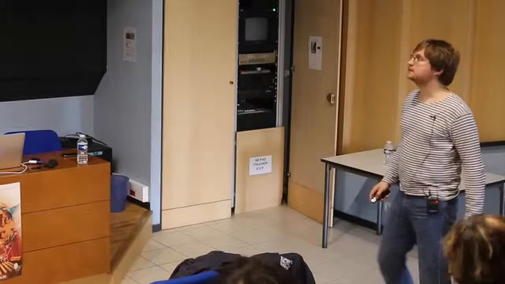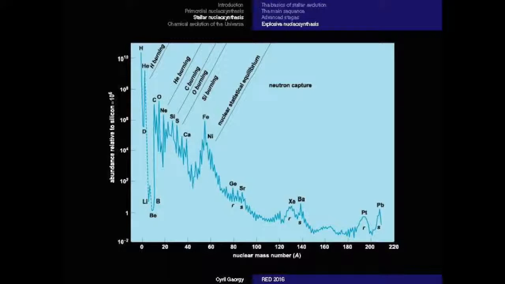So if we go back to this plot that I showed you at the very beginning of my talk, you have here the solar system composition with hydrogen, deuterium, helium, and so on. We know that these different kinds of elements come from different nucleosynthesis.